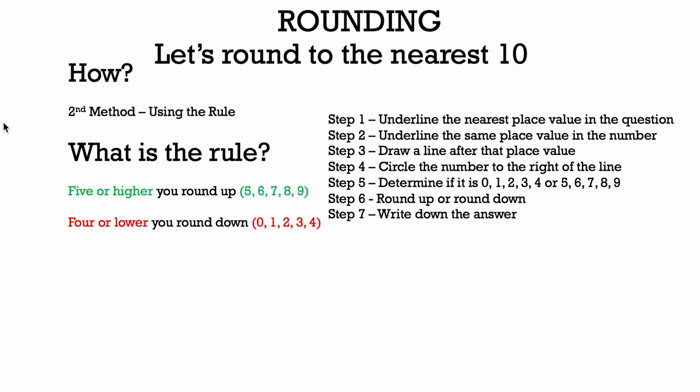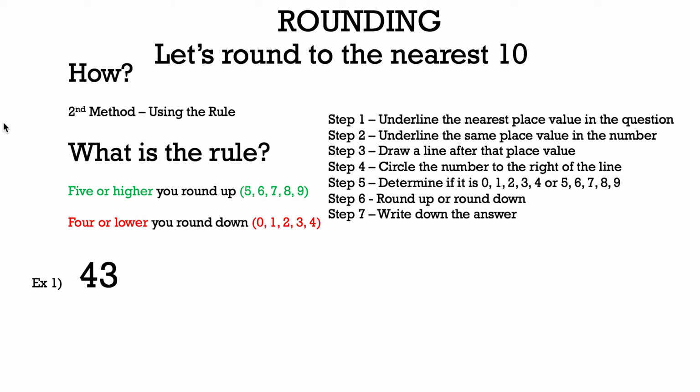Step 3, draw a line after that place value. Step 4, circle the number to the right of the line. Step 5, determine if it is a 0, 1, 2, 3, or 4, or a 5, 6, 7, 8, 9. Step 6, round up or round down. And then 7, round the answer.